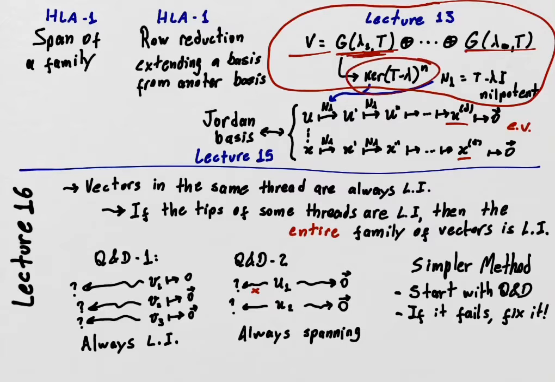If you subtract a multiple of the identity, it becomes nilpotent there. And that's how we defined the Jordan basis.